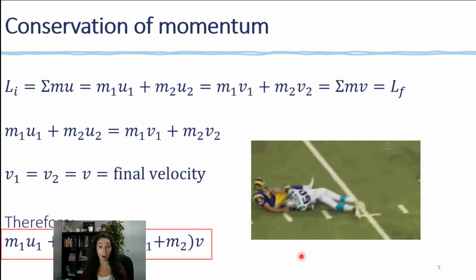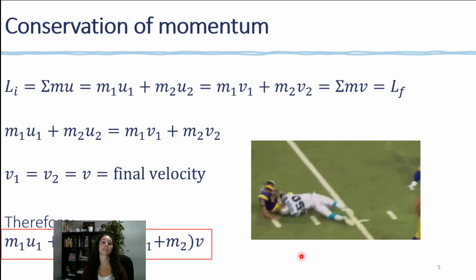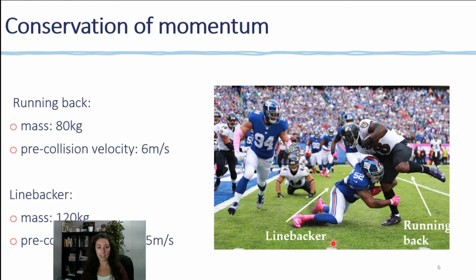So let's try a problem to highlight the mechanics of an inelastic collision. Again with football. Let's pretend that there's an 80-kilogram running back, so this guy here, that collides with a 120-kilogram linebacker. Just before the collision, the running back has a velocity of 6 meters per second towards the goal line, so towards this goal line over here.